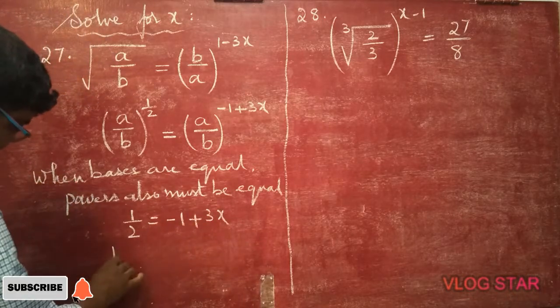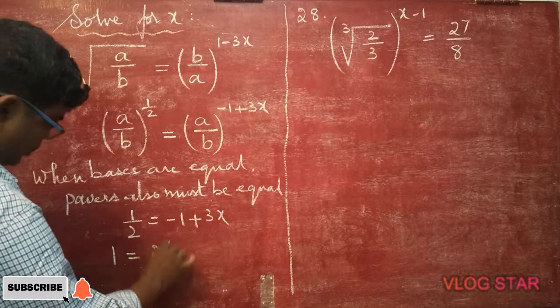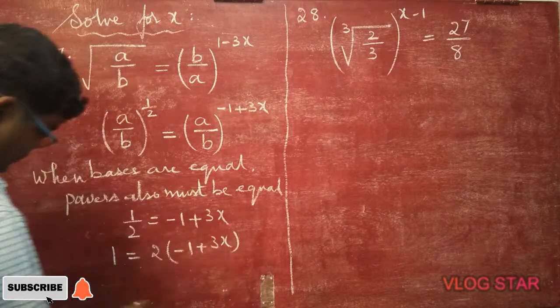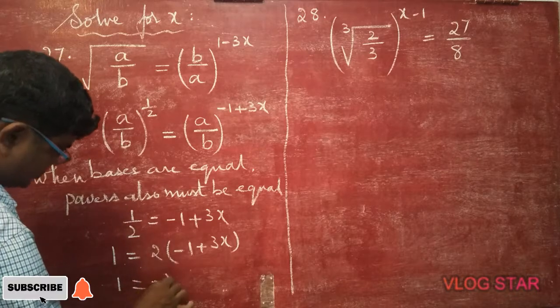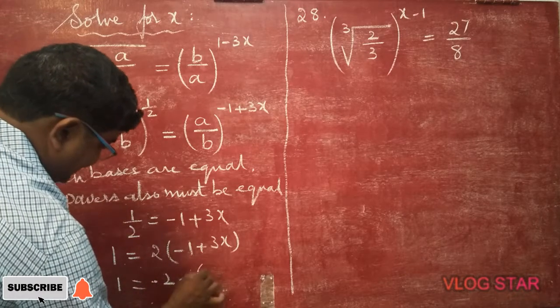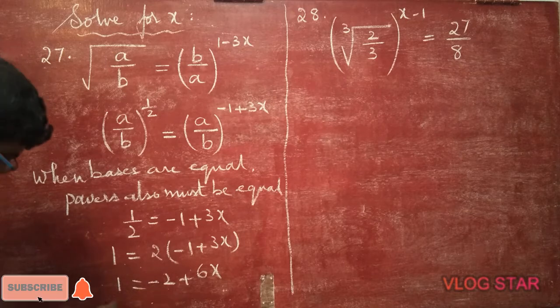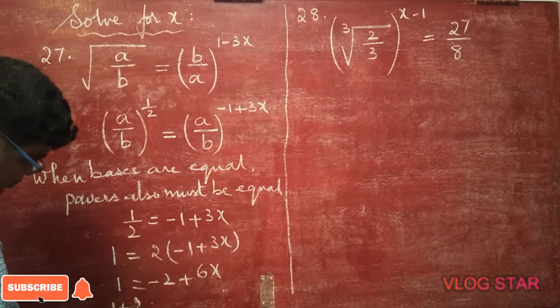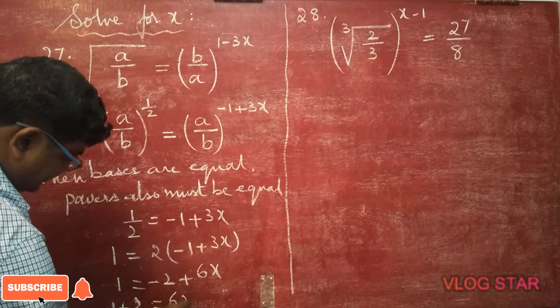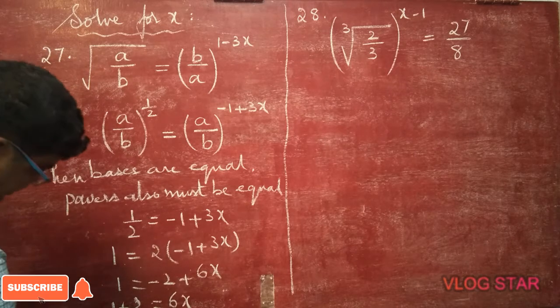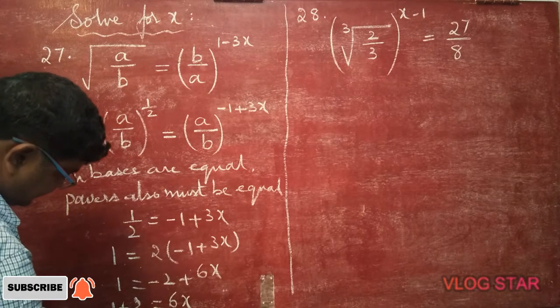Do cross multiplication. 1 is equal to 2 into minus 1 plus 3x. 1 is equal to minus 2 plus 6x. Now minus 2 coming from right side to left side. 1 plus 2 is equal to 6x. 1 plus 2 how much? 3. 3 is equal to 6x.